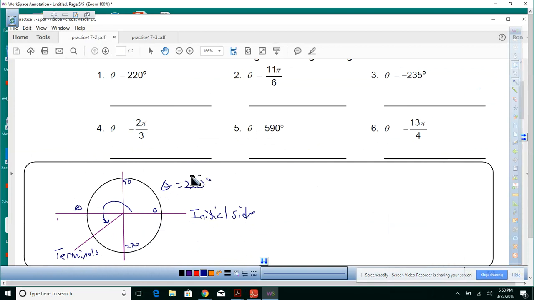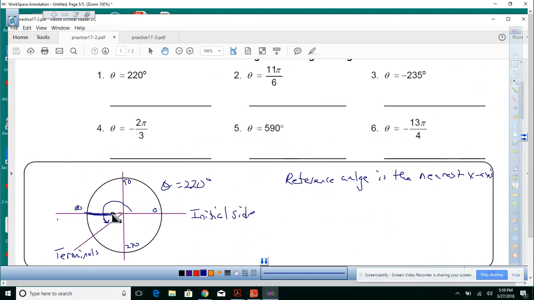Now it's asking for the reference angle. The reference angle is the nearest x-axis, and that would be this negative side over here.